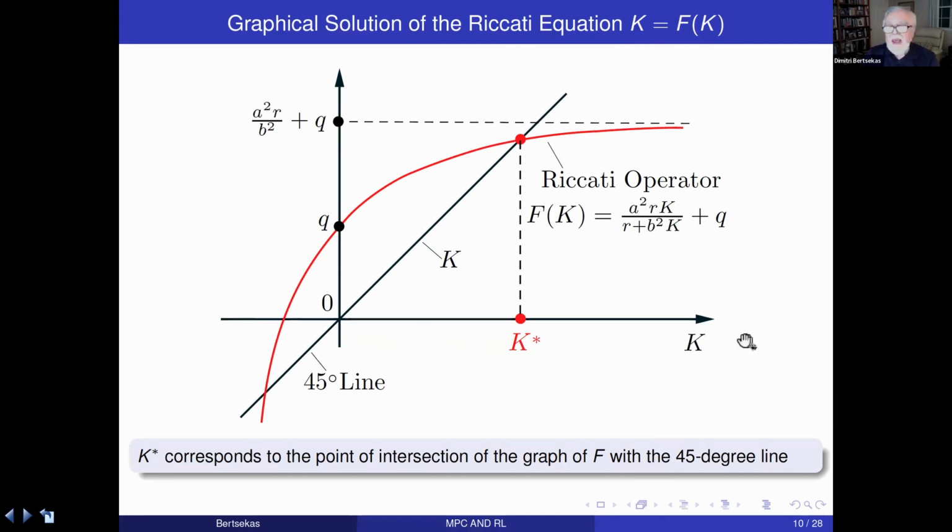So here's K, and the graph of the Riccati operator is what you see here, the red curve. This is the graph of the right-hand side. The graph of the left-hand side is a straight line, a 45-degree straight line, and the point where the two meet is this K star, the solution of the Riccati equation. K star corresponds to the point of intersection of the graph of F with the 45-degree line.